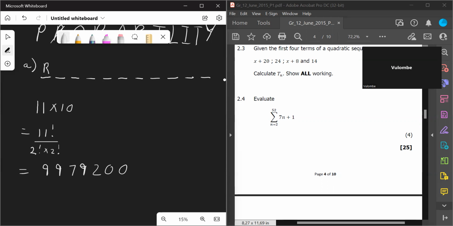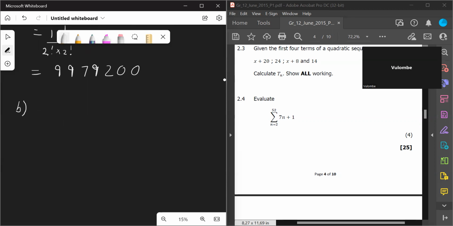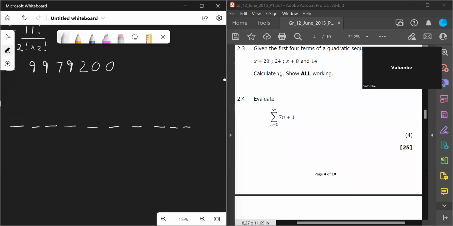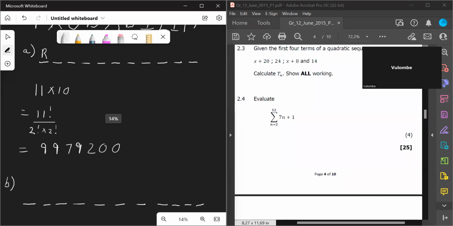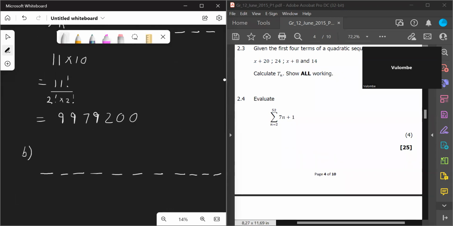Okay, what's B? If the word has to start with a B, how many different ways can the word be arranged? Here I'm going to say 1, 2, 3, 4, 5, 6, 7, 8, 9, 10, 11. How many B's do we have? We have one B to start with.